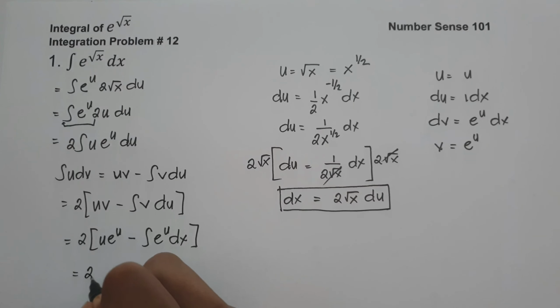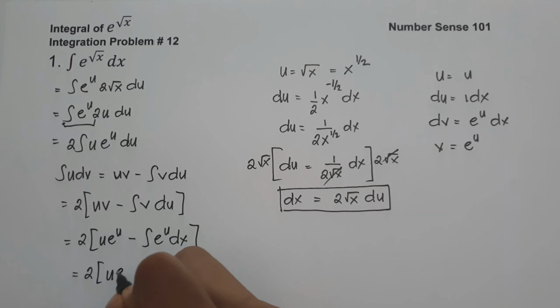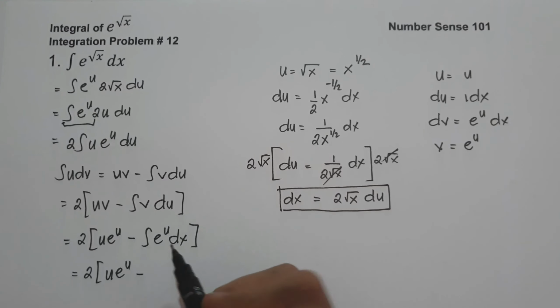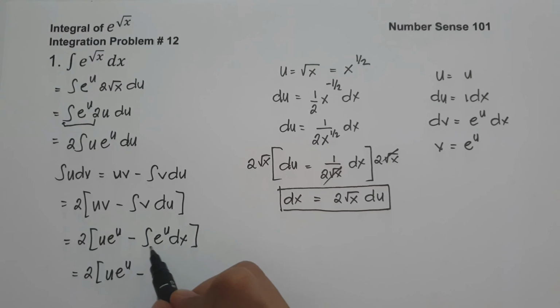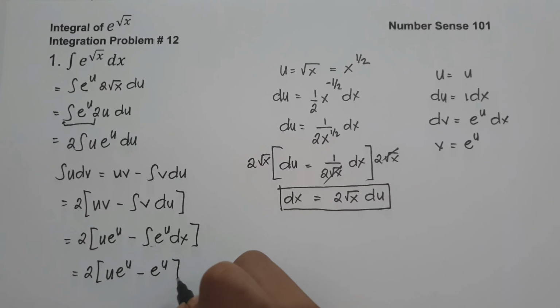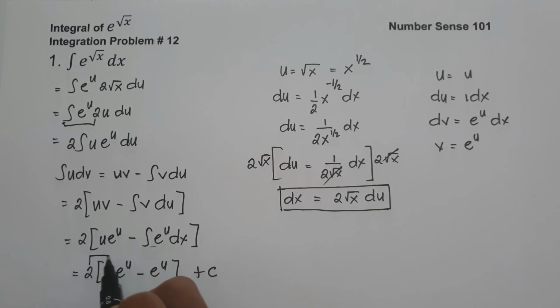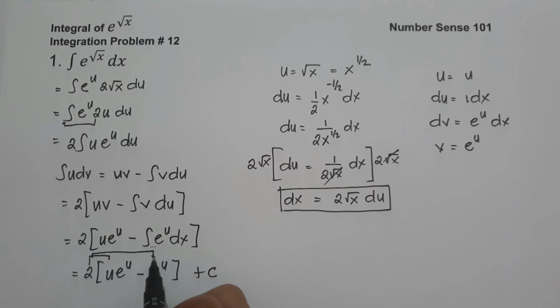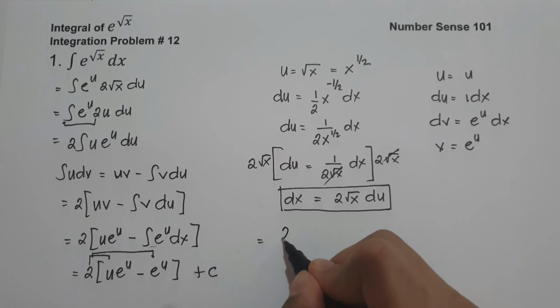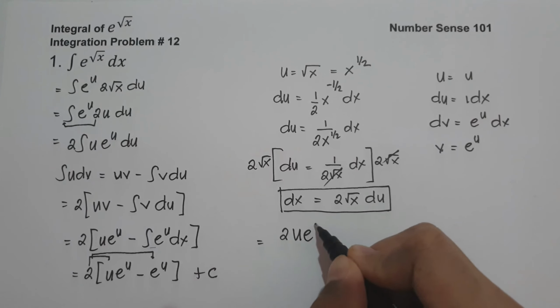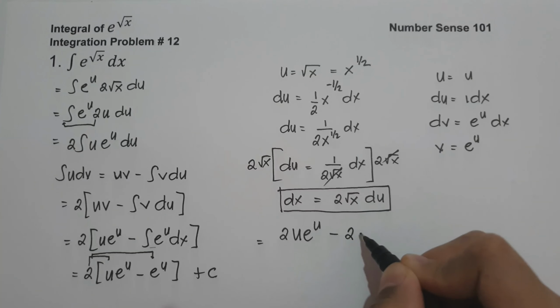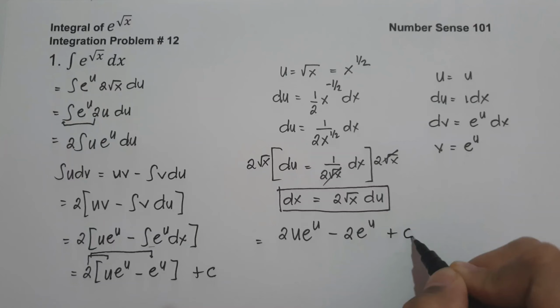Let us have 2 times the quantity of u times e raised to u minus the antiderivative of e raised to u, that is e raised to u, and then plus c. And then the next step is we are going to distribute 2 inside the parentheses. So this will be 2u e raised to u minus 2 e raised to u plus c.